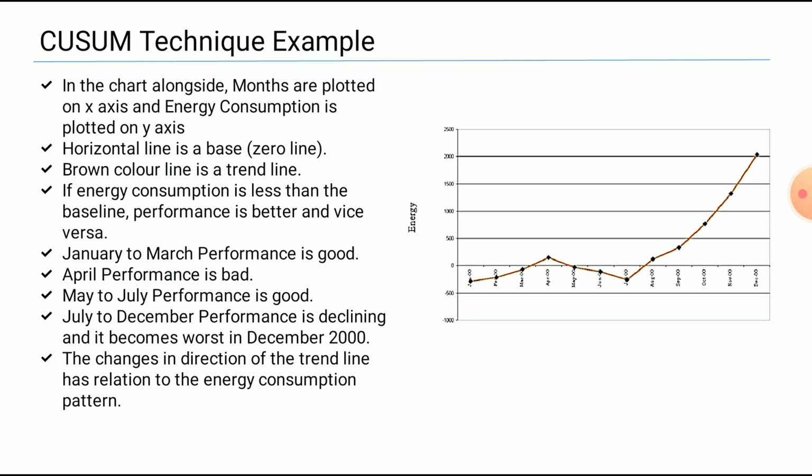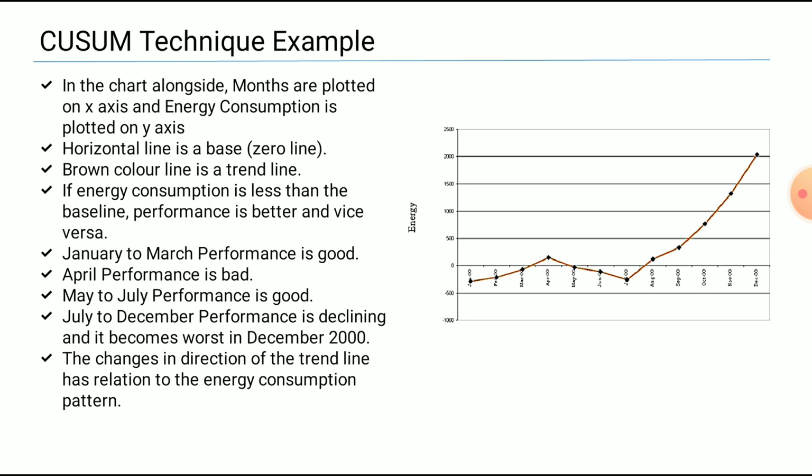If you consider the value for the April month, the energy consumption is more, so the value of that month is above the baseline, so we say the energy consumption is more in that specific month. So the performance of that industry for that particular period is poor or bad.